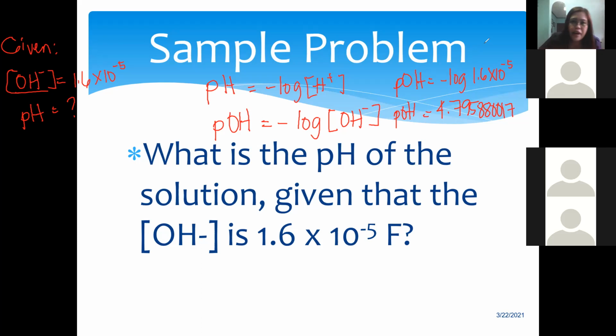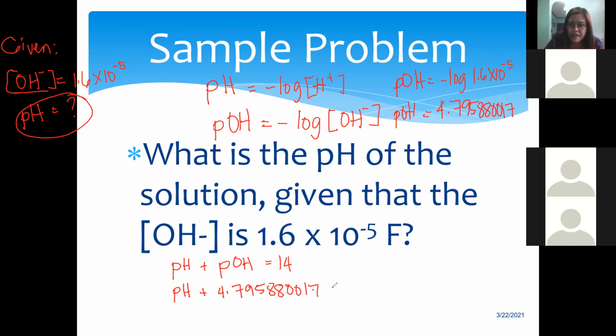Pero wala pa tayong answer. Kaya ang hinahanap sa problem ang pH. Dito papasok ang formula nga pH plus pOH equals 14. So, we will just have to substitute. pH plus 4.795880017 is equal to 14.